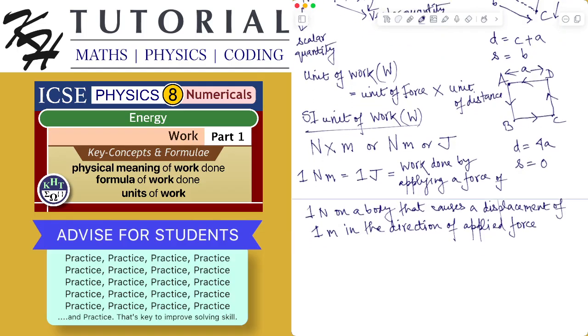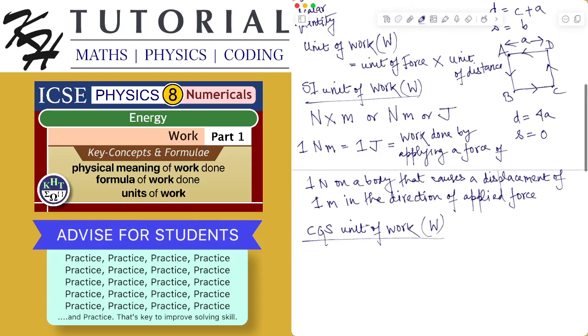Obviously, what will be the CGS unit of work? The CGS unit of work will be the CGS unit of force, which is dyne, multiplied by the CGS unit of length, which is centimeter.